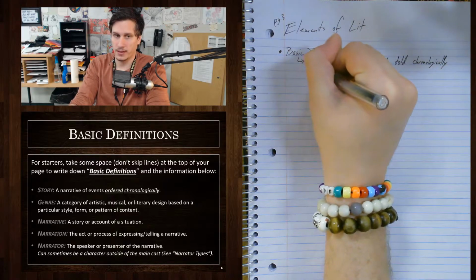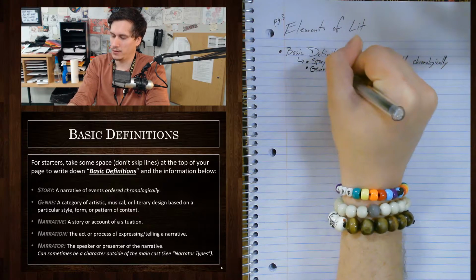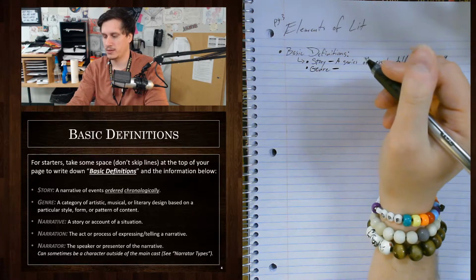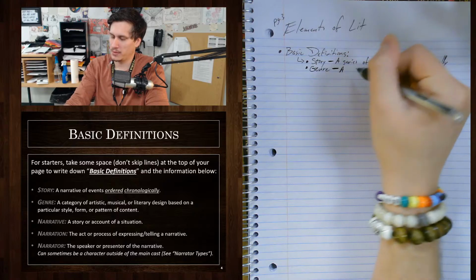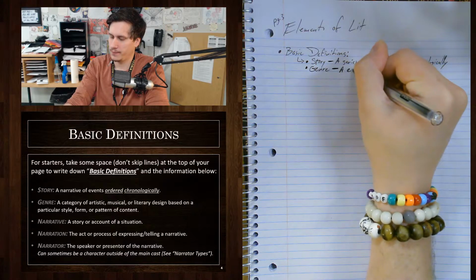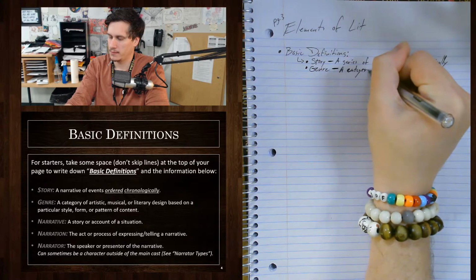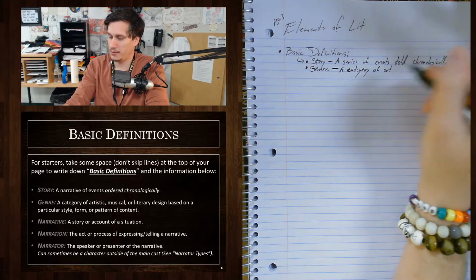Next, you're going to have a genre. Now, genres are really complicated, but the easiest way to describe them is that they're going to be a category of art. So that's what I'm going to say. A category of art. Excuse my spelling. And in case you're like, well, what do you mean by that?